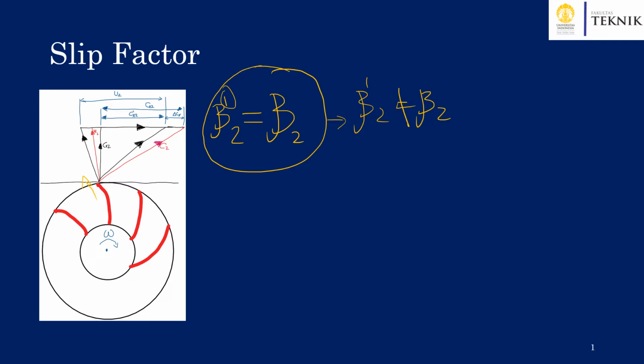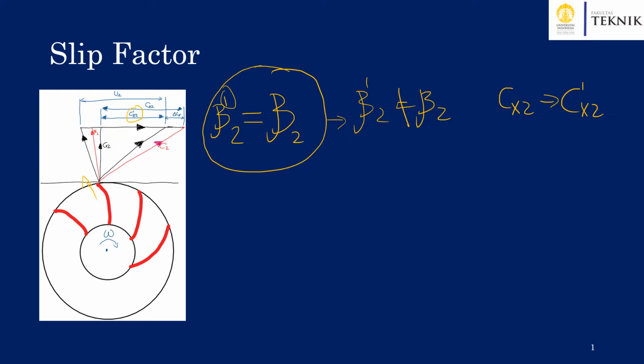Due to the slip of the fluid at the impeller, we have a smaller Cx2 at the outlet. The tangential component of the absolute velocity at the outlet, Cx2, becomes C prime x2, due to the slip between the fluid and the blade of the impeller.